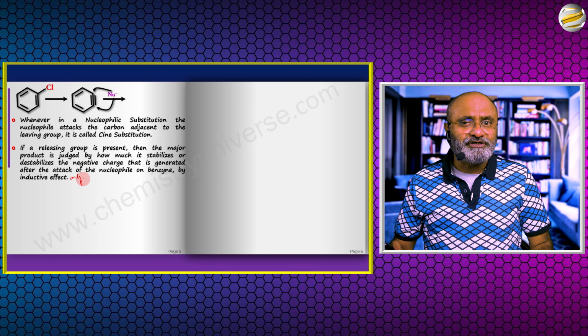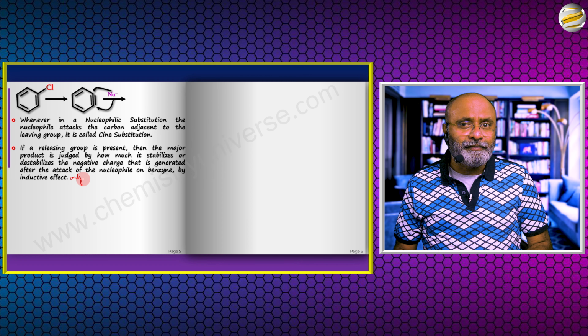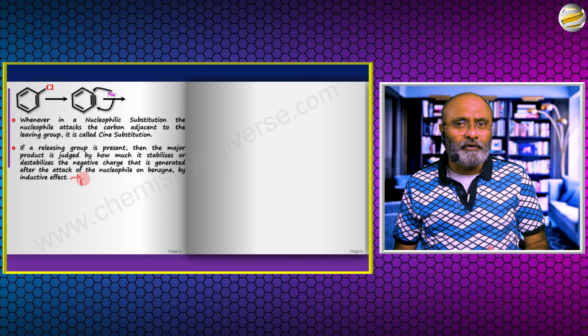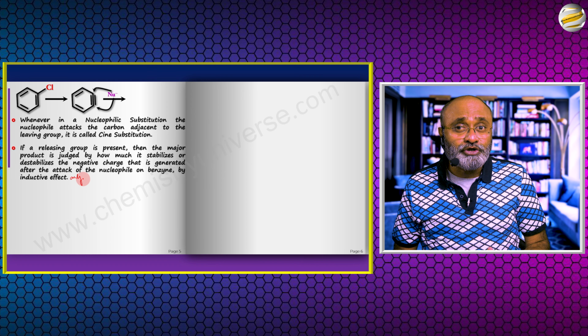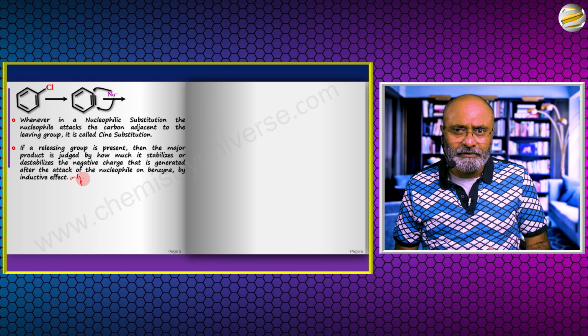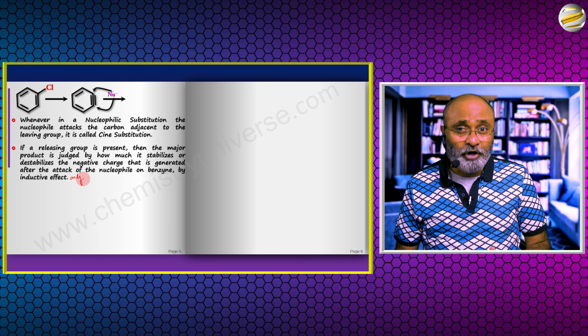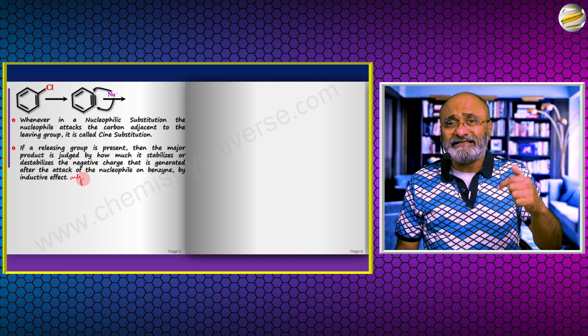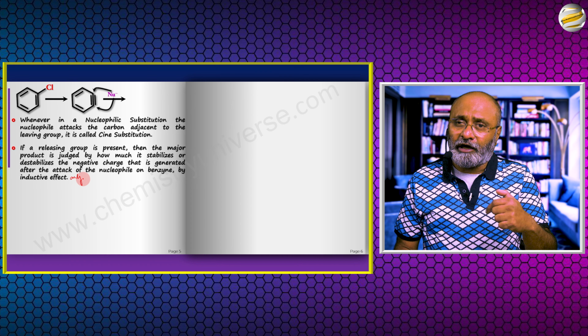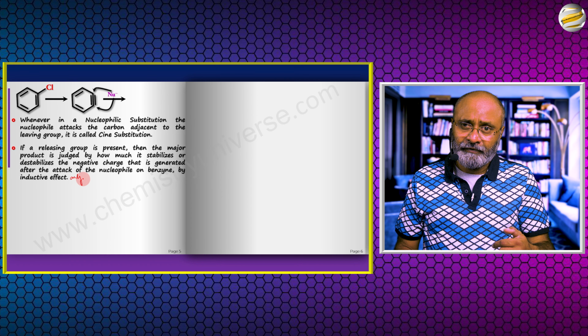The external pi bond shifts to the other carbon and that carbon becomes negative. Where does the negative go? It goes to the sp2 hybridized carbon orbital, not the p orbital. That means if there is any group attached along with aryl halide, then its mesomeric effect will not be seen, because its mesomeric effect will not affect the stability of this anion, because this anion is in the sp2 orbital.